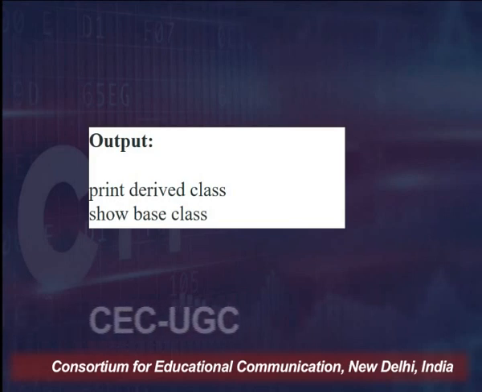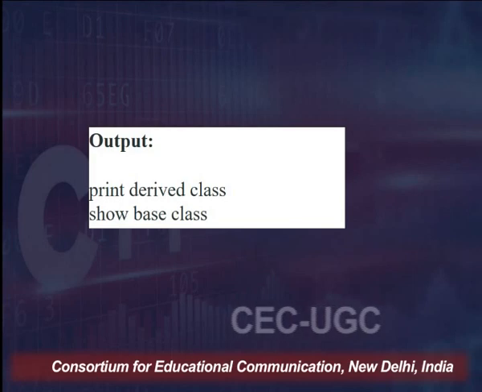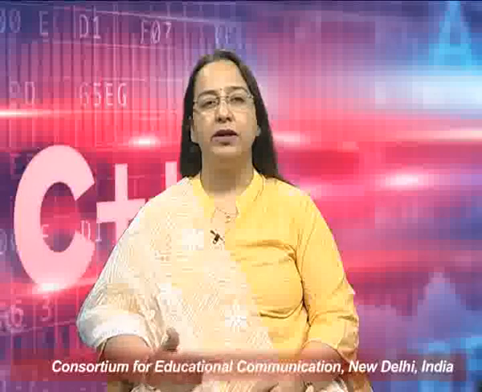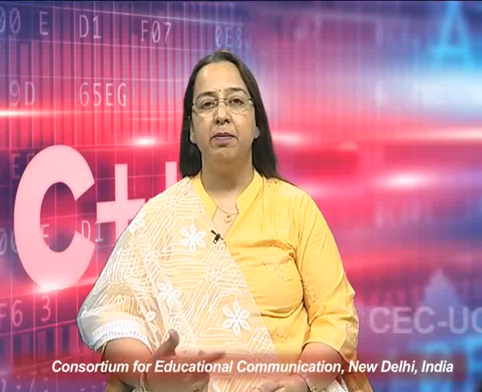That means the derived class version of the print function has been taken because it is declared as virtual, while when show base class is printed, that means the version of the show function executed here is the base class version.